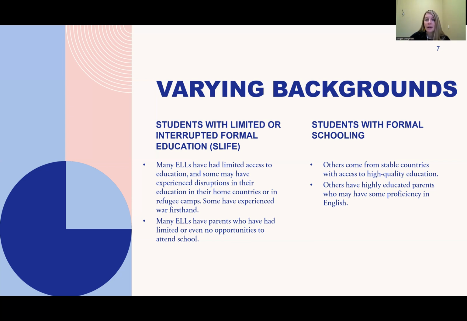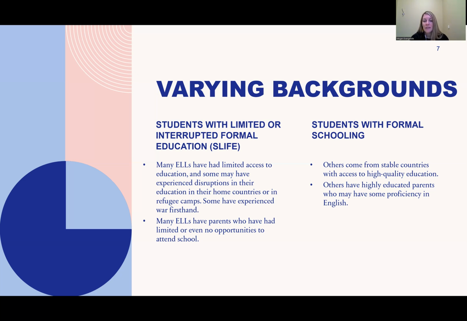So maybe they're in a refugee camp, maybe they're fleeing war. They may be physically distant from school and having to walk miles through mountainous regions or difficult terrain to get to school. So our students may not be a typical student as you would imagine in the United States, that they've entered in kindergarten and moved through elementary, middle, and high school.